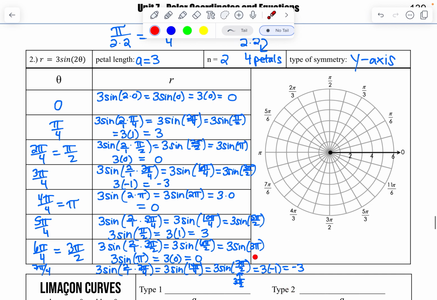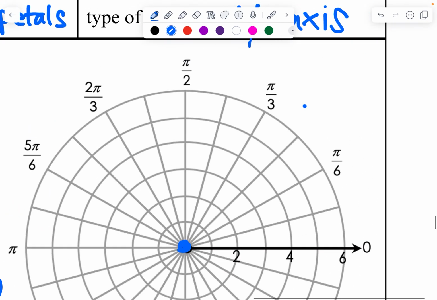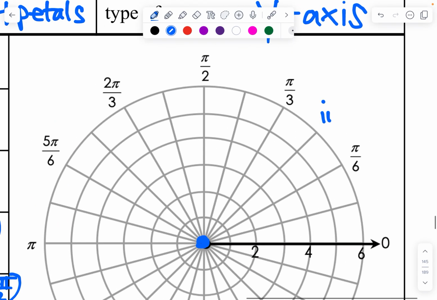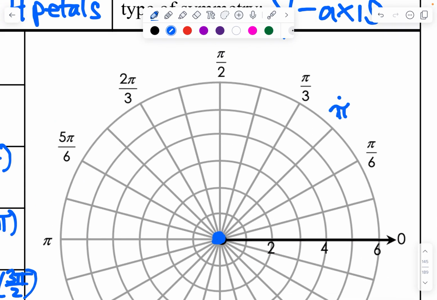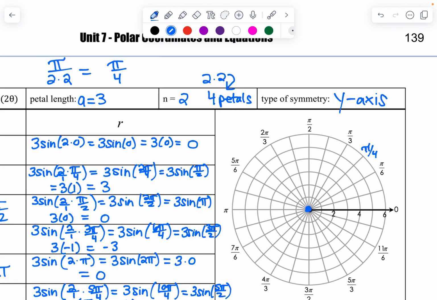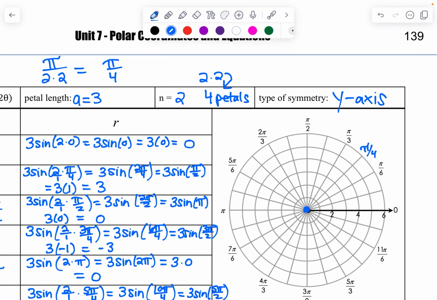So we start at 0, 0. At pi fourths, remember this is pi fourths, so at pi fourths we are out at 3, so we're here.